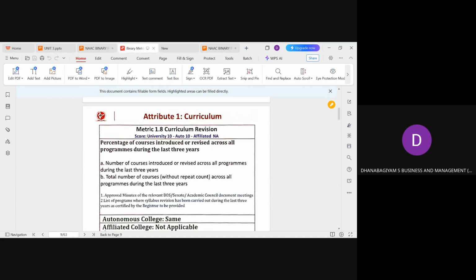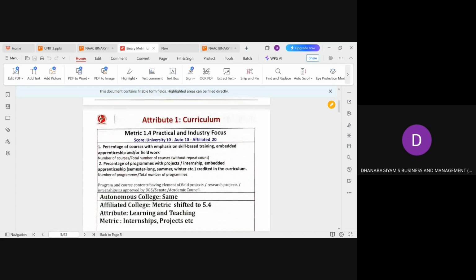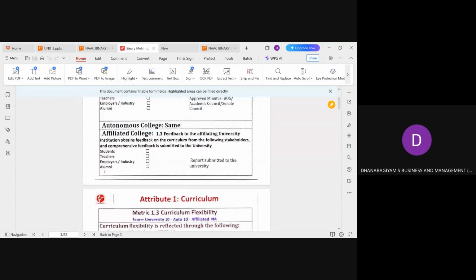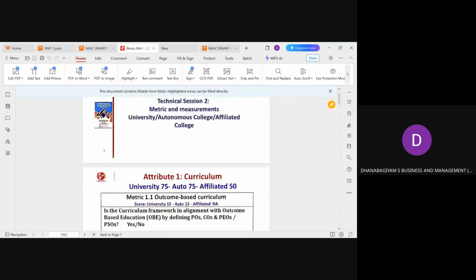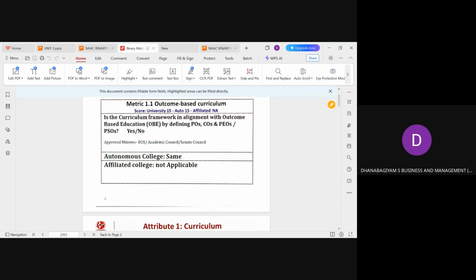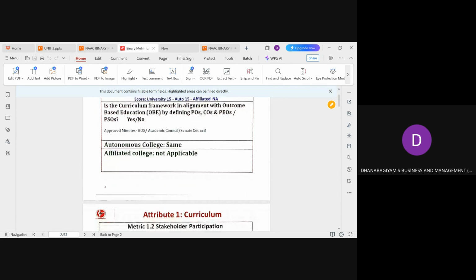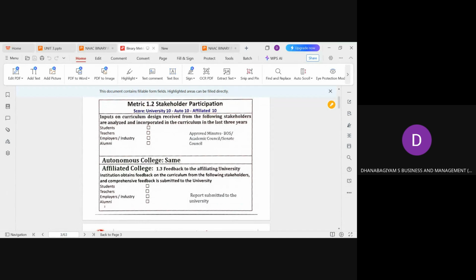So now once again, let us see the curriculum, how many metrics we have according to attribute 1. So here attribute 1 is related with the curriculum. When you look into attribute 1, the first one is outcome based, metric 1.1, which is about our POs, PSOs, PEOs, and COs. And next, 1.2, it talks about the stakeholder participation.